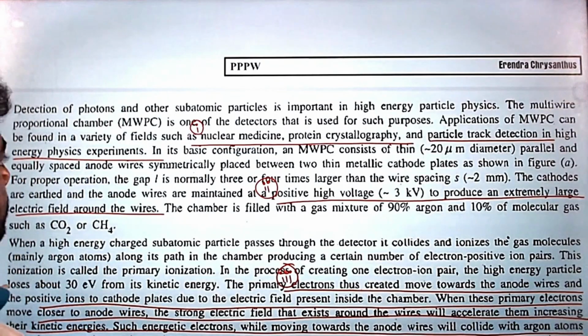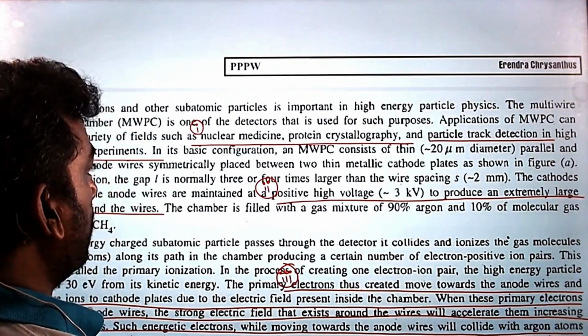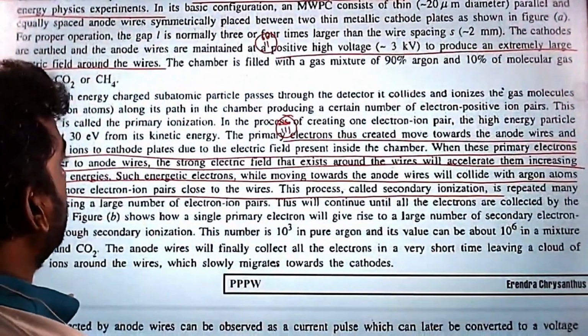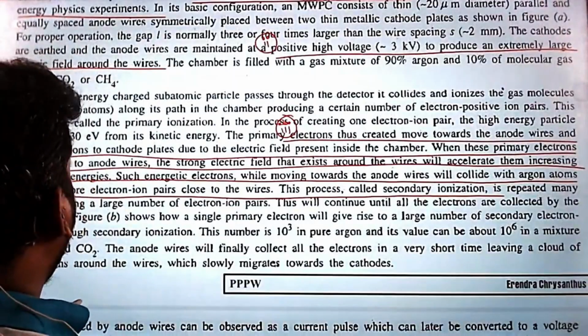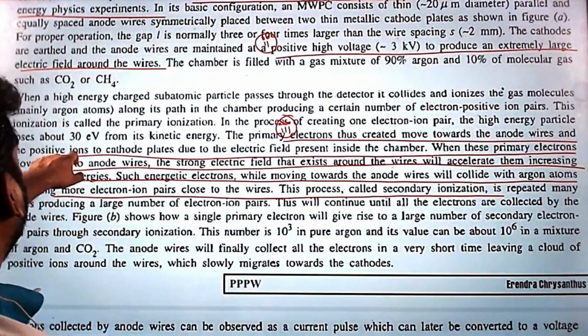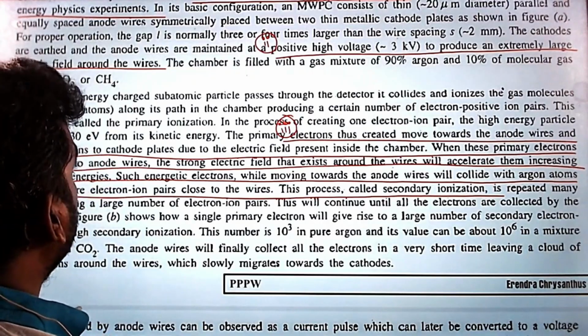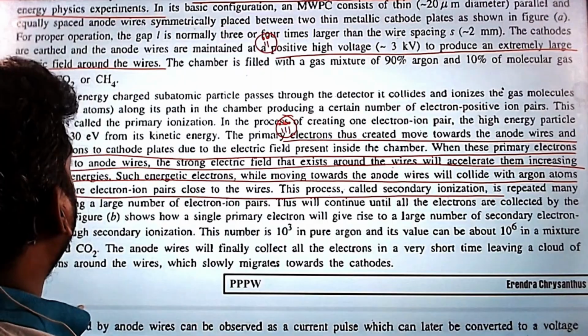They are telling you a high energy particle loses about 30 electron volts of its kinetic energy.